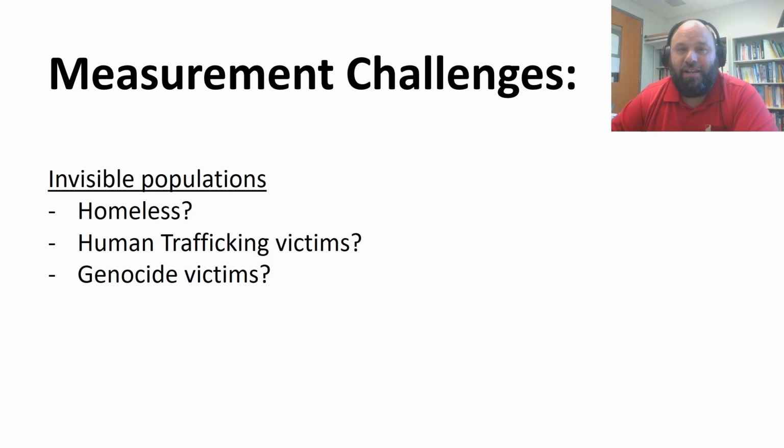What about genocide? Some people have been arguing that the way the Chinese government has treated the Uyghur population in the northwestern province of Xinjiang amounts to genocide, where they've been arresting and putting folks in camps without trial. But where is that data going to come from? Certainly not from the Chinese government.